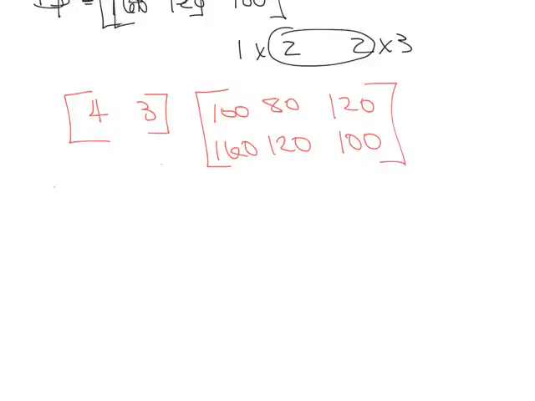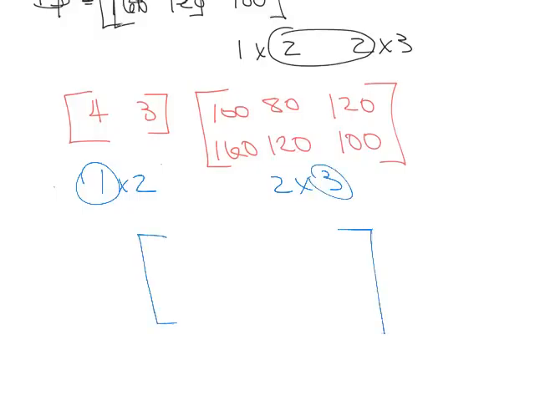So let's go ahead and do this one. We've got a 1 by 2 and a 2 by 3, meaning that our answer is going to be in a 1 by 3. So I'm going to write that as a 1 by 3. 1 row, 3 columns. Alright, so let's do that.